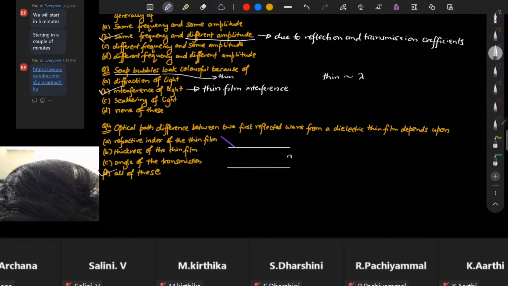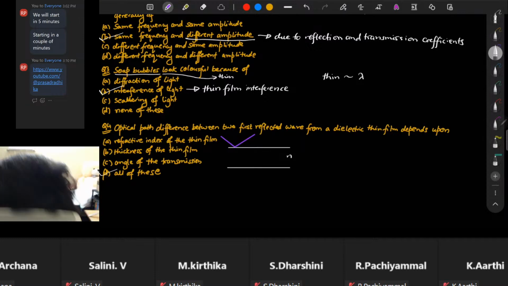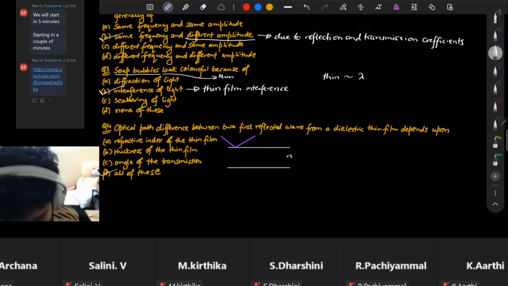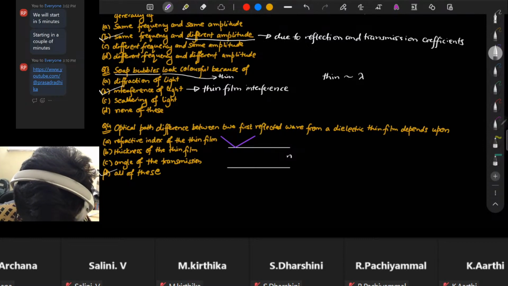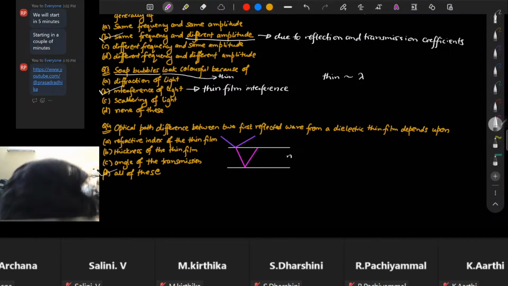Then the first reflection is from the top surface, like this. Then there is transmission. Then reflection from the second interface is there, like this. And then finally it comes out.